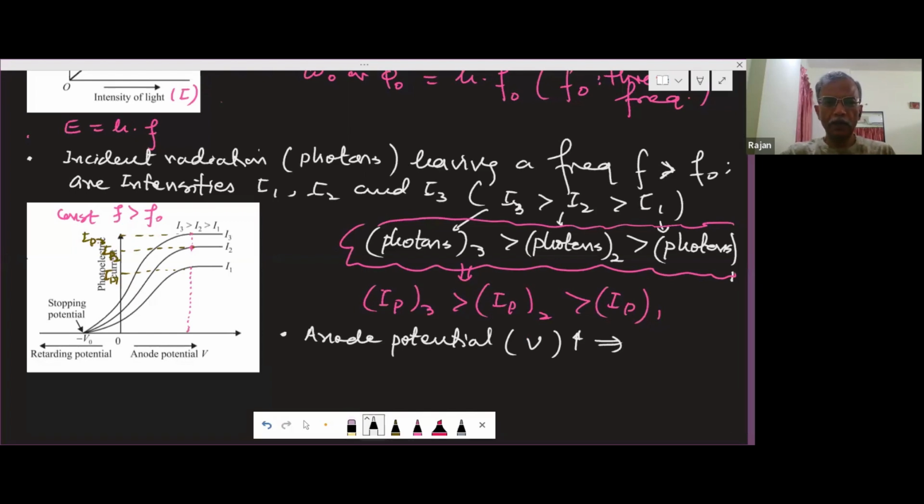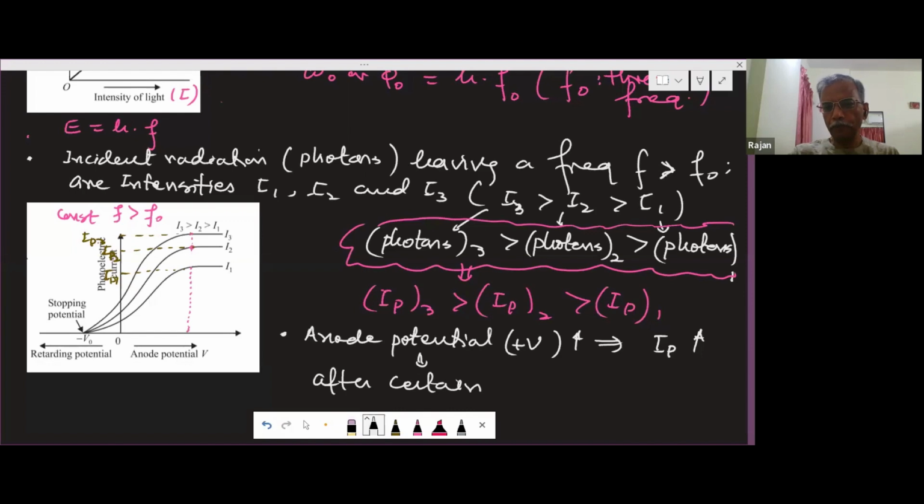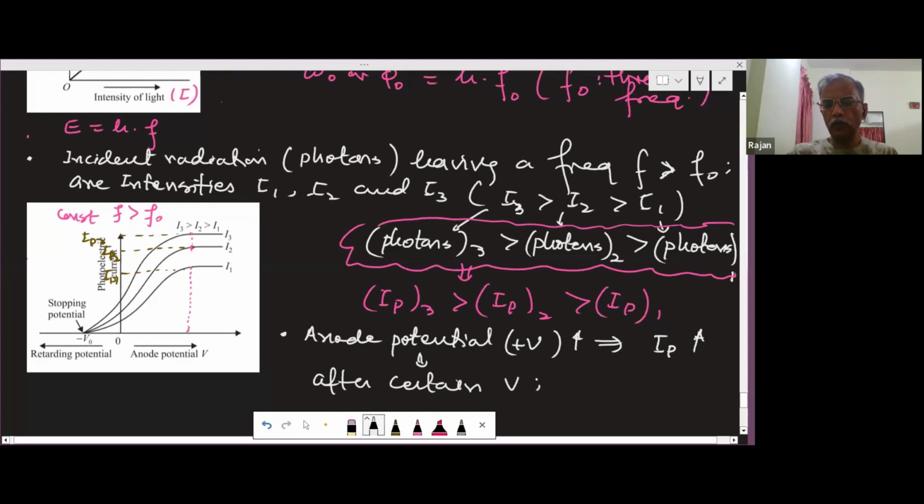The photoelectric current IP will be increasing. And then after a certain positive anode potential, plus V, you will find that your IP saturates.